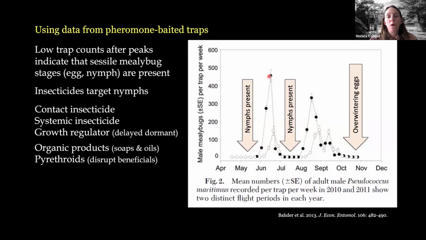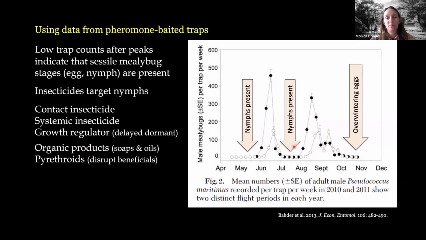And so if it's going to take 2 to 4 weeks for that insecticide to be distributed throughout the vine, then that application can occur around when you're having peak flight, so that by the time the nymphs are present, you actually have insecticides in the parts of the vine.